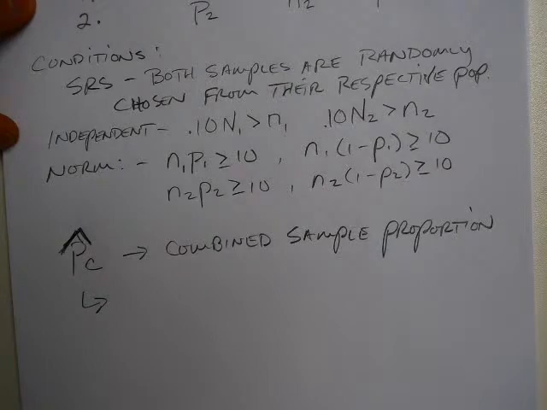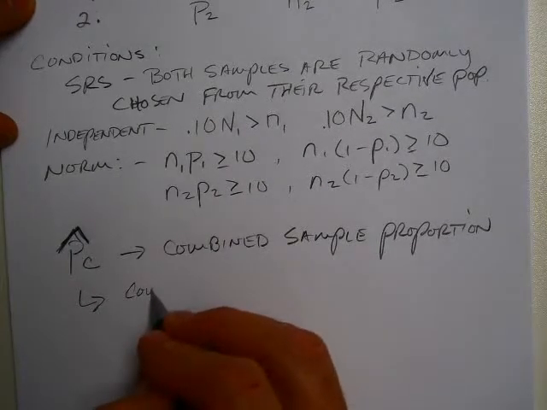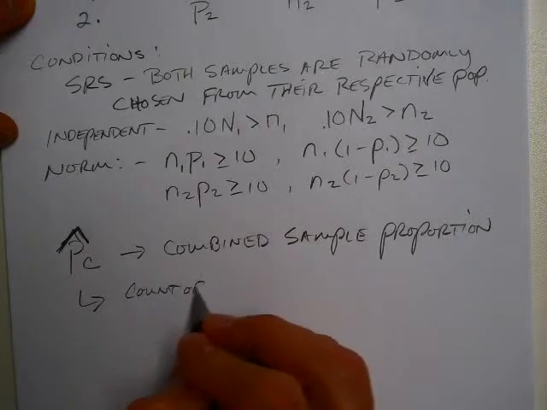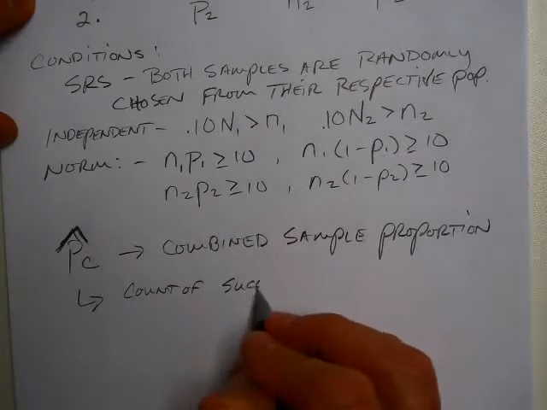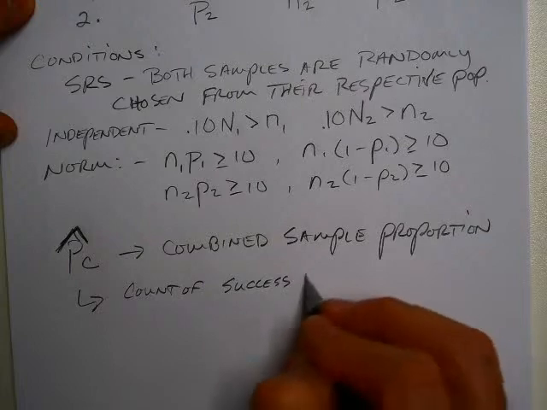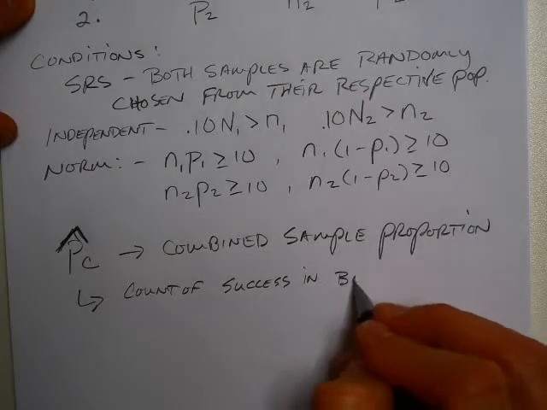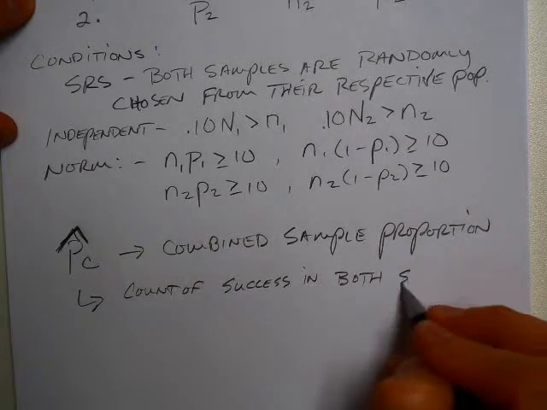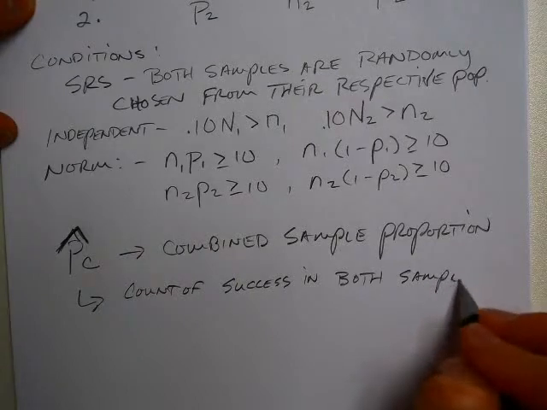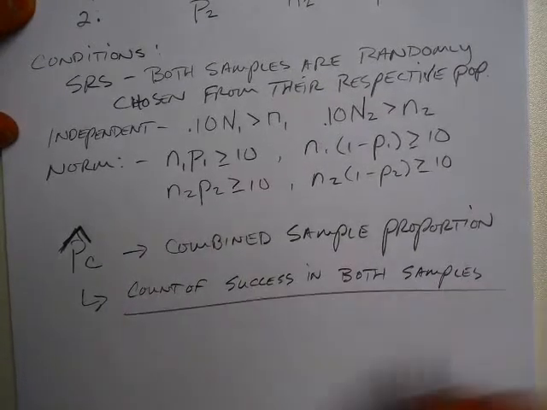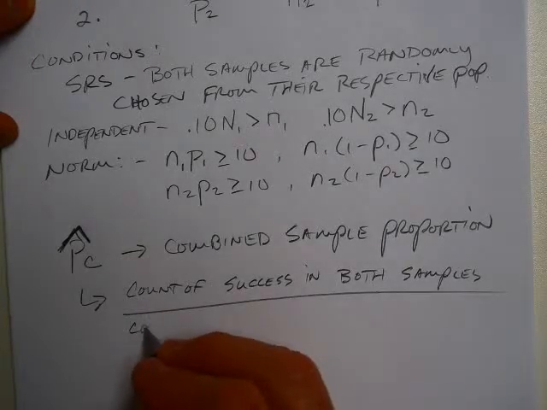What this is, it's the count of successes in both samples over the count of trials in both samples.